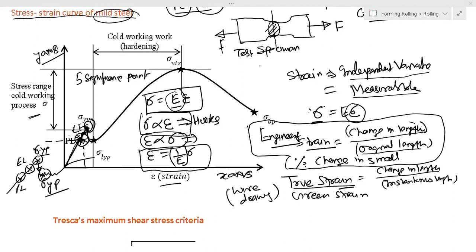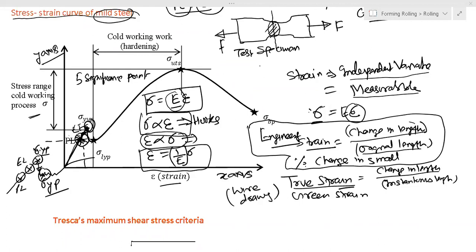Once it reaches the plastic zone, after the elastic zone, up to the elastic limit you have elastic behavior, which we call the elastic state. After that, the material reaches a plastic state. Plastic state means once you deform it, it will remain in a deformed position. Material starts yielding, material starts breaking.